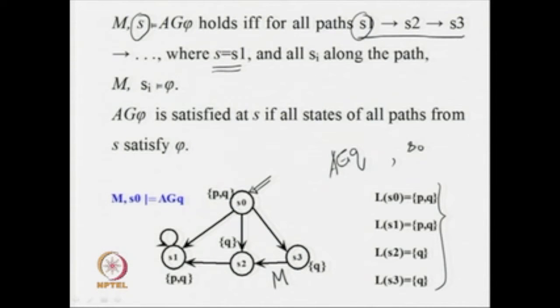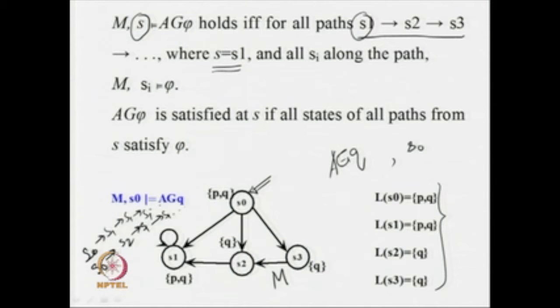One will go from S0 to S1, then S1, S1 like that. The second one will go from S0 to S2, then from S2 it will go to S1, then it will remain in S1 like that.